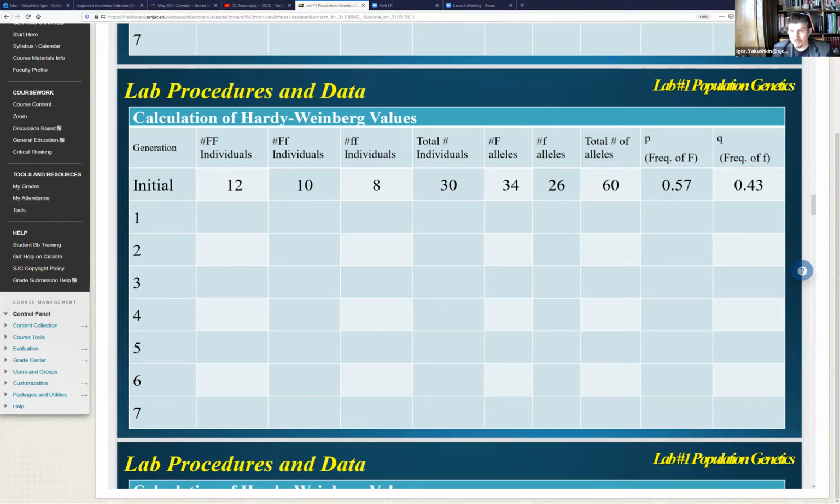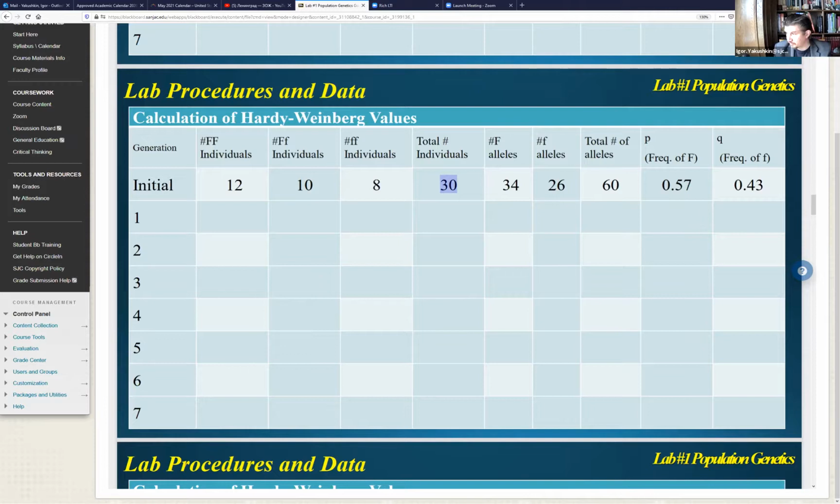So now, in order to calculate P, P will be equal to the total number of capital F alleles, because it's dominant, over the total number of alleles. We have 30 total individuals, each one of them carries 2 sets of genes. Therefore, 30 times 2, the total number of alleles, will be 60.